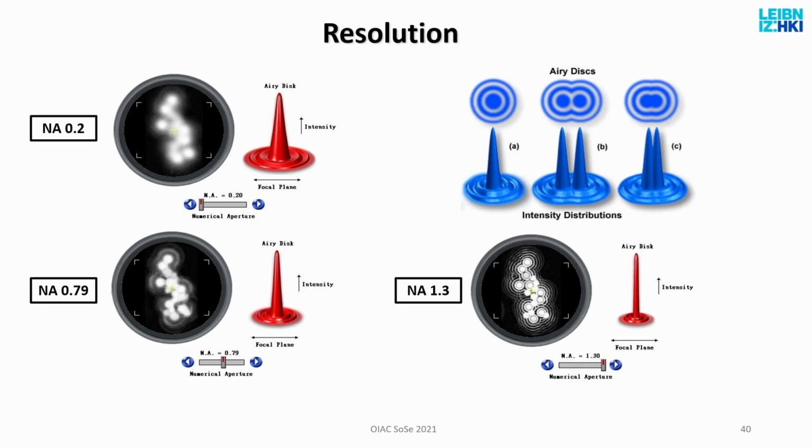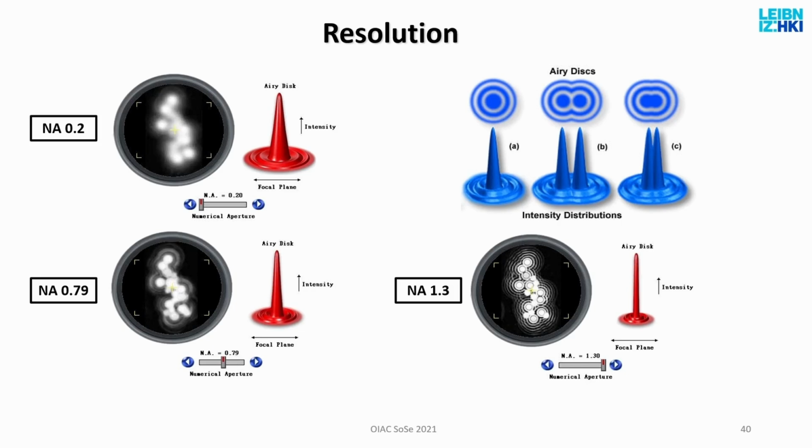Now, what determines how close they can be? Well, one factor is how thin these peaks are. So how thick is the Airy pattern itself? The Airy pattern itself is determined by the numerical aperture. And the other one is how close they are to each other.